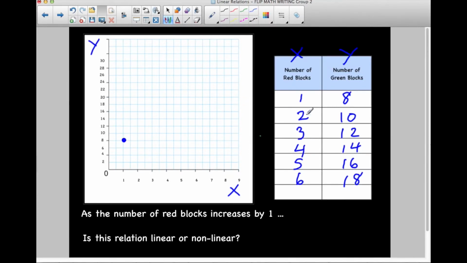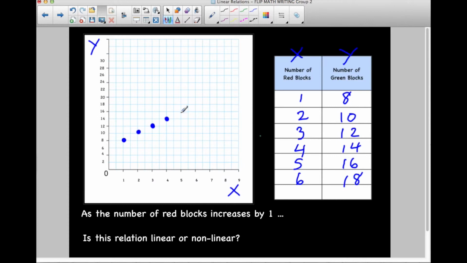Our second point is 2, 10, where 2 is the x-coordinate and 10 is the y-coordinate. Our third point is 3, 12. Our fourth, 4, 14.